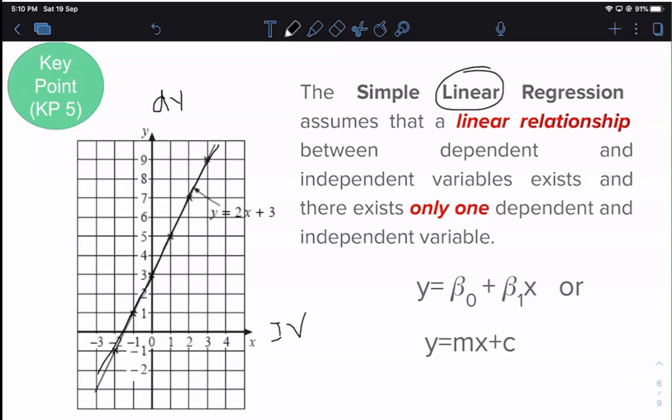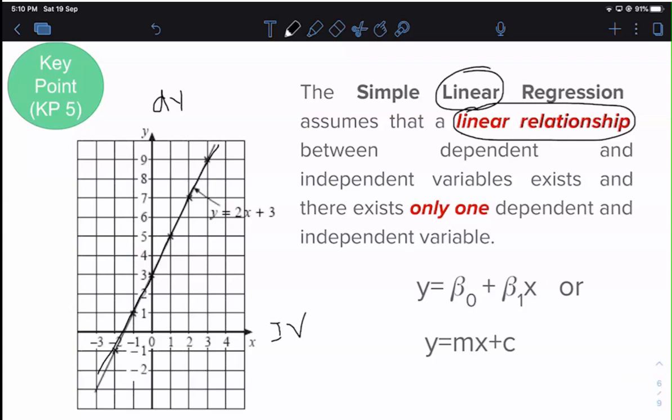The purpose of the regression algorithm is to establish a relationship between the dependent and the independent variable, and before establishing that relationship, it assumes that the dependent variable and the independent variable are related through a linear kind of relationship. That is the assumption that it makes.